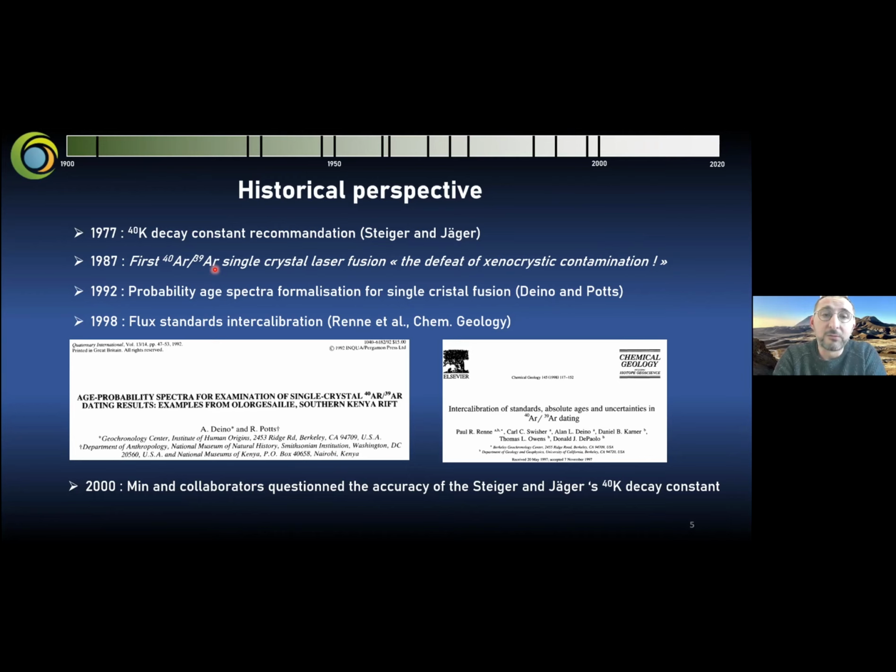In 92, following the first publications on the single crystal laser fusion, the probability density spectrum formalization by Deino and Potts also made its appearance. In 98, the first real flux standards intercalibration by Renne et al. This is here a picture of this publication.